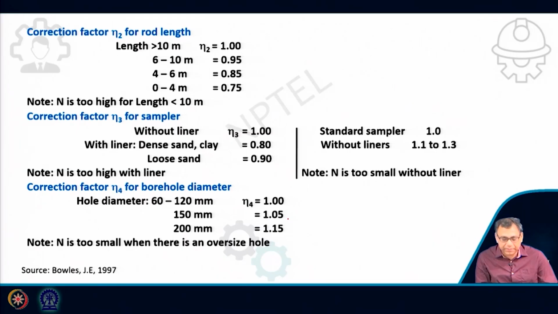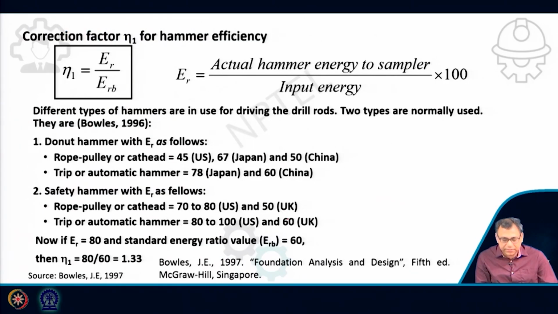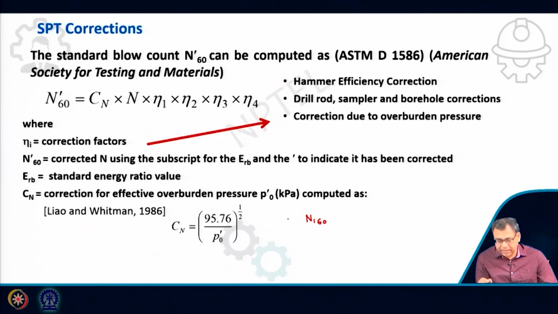Now, for the actual case, when we use this N160 for liquefaction, we should use this method to apply all these corrections. You apply the energy correction also, the borehole correction, the rod correction, and then the sampler correction.